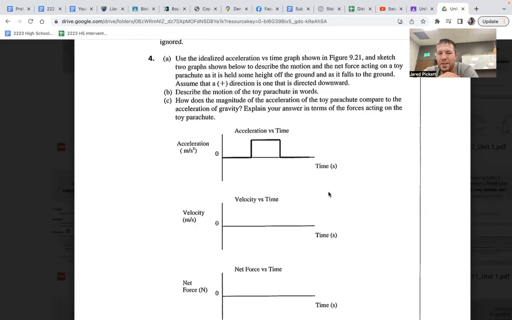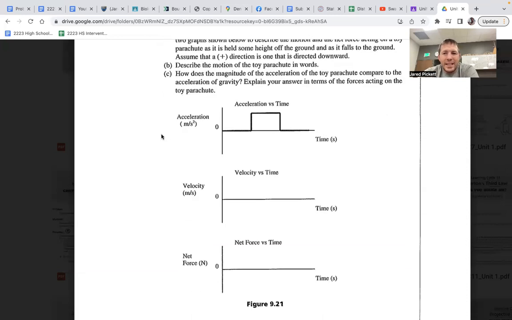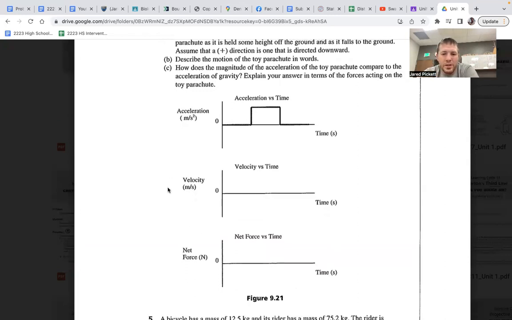As I'm looking at this, the object was falling with a consistent velocity, the same speed, and then it sped up for a little bit consistently, and then it experienced no more acceleration, which means that it's going at constant velocity. That's what it looks like to me. I did. And then C, I'm just going to not do C. I think C is a poor question, and we're going to skip it.